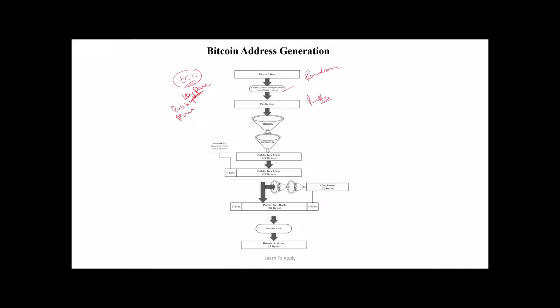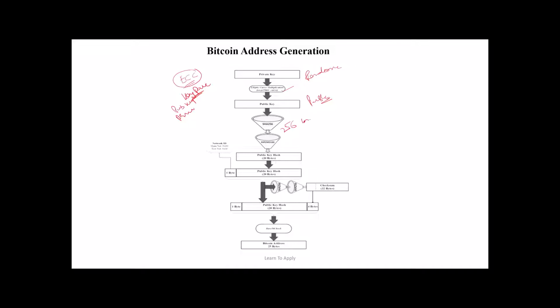After that we apply the SHA-256 cryptographic hash function. We have seen this in the cryptography class. After applying SHA-256 we get 256 bits.